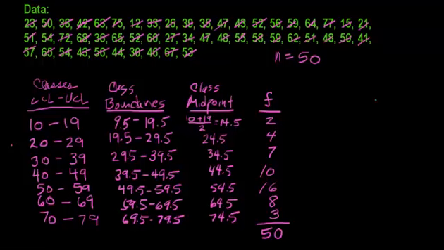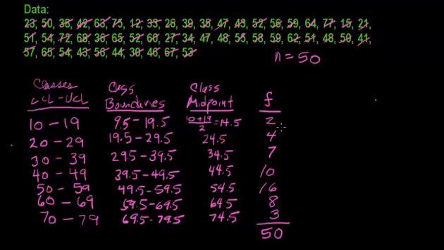Finally, we can look at our frequency distribution and get some idea about the shape of the data, the shape of the distribution. Looking at our frequency column, we notice that the frequencies start in the first class low and gradually get larger to a peak and then drop off. Now, that's what we see with a normal distribution.